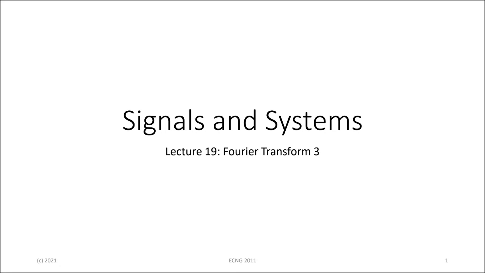Then you were left to figure out the spectrum of a sinusoid. I think that was the last example. It's very straightforward if you think about the properties of the Fourier transform and what a sinusoid is in frequency.